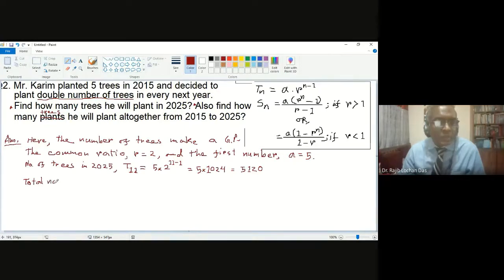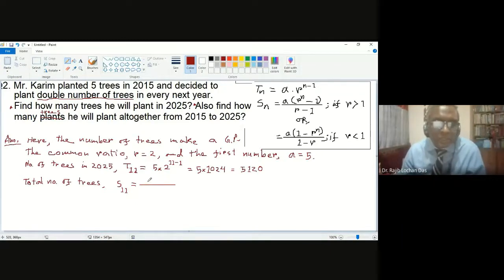Then you will apply the Sn formula. Here it will be the S11 formula. Again, the same 11 will come because I'm not changing the year. So you apply one correct formula. Which one is the correct formula for this case? The first one.